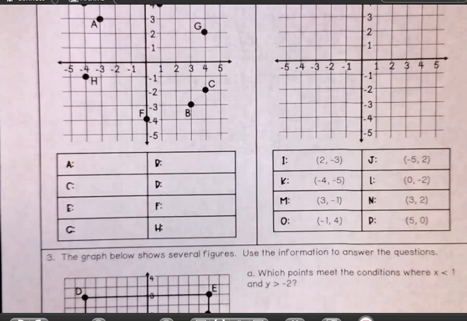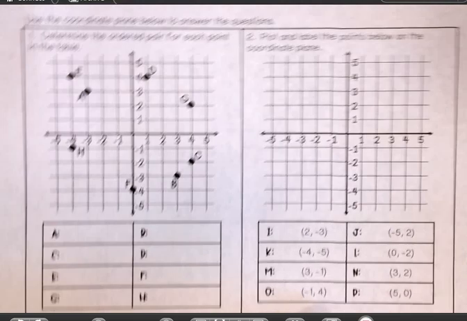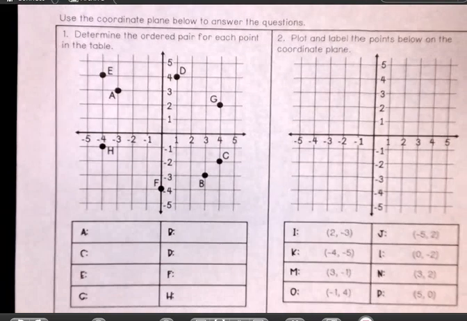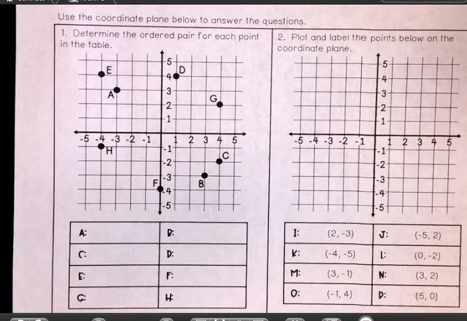Now this is where it gets real fun. This is the part that always frustrates me, because there are people in this classroom that are going to absolutely refuse to follow these 3 steps.